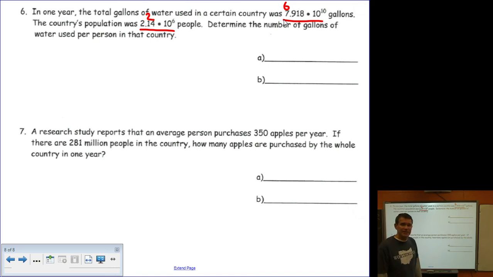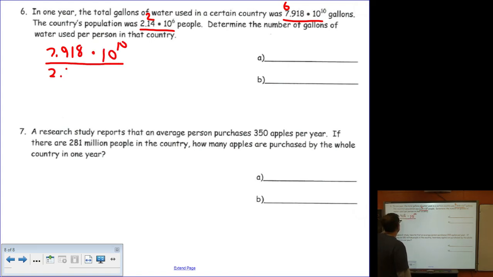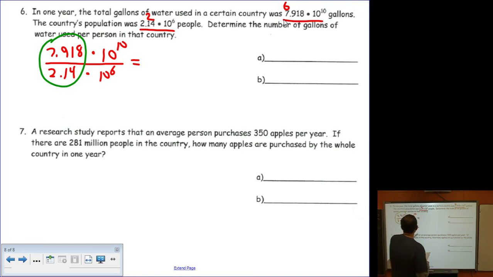So how do you get 3 using 6 and 2? You divide. This must be a division problem. Let's go ahead and divide. 7.918 times 10 to the 10th divided by 2.14 times 10 to the 6th. I would go ahead and divide that part, and I think I would get 3.7.